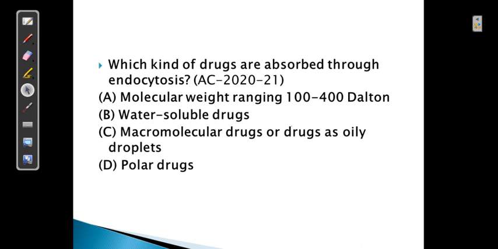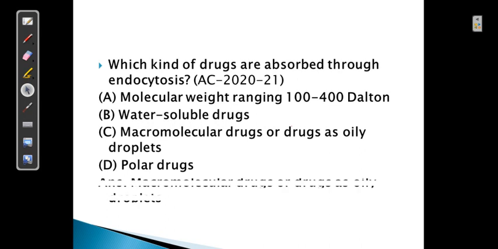In all these four options, option A, molecular weight ranging from 100 to 400 Dalton, option B, water soluble drugs, option C, macromolecular drugs or drugs as oily droplets, and option D, polar drugs. Out of these four options, you might be aware now that option C is right. Macromolecular drugs or drugs as oily droplets are absorbed through endocytosis.